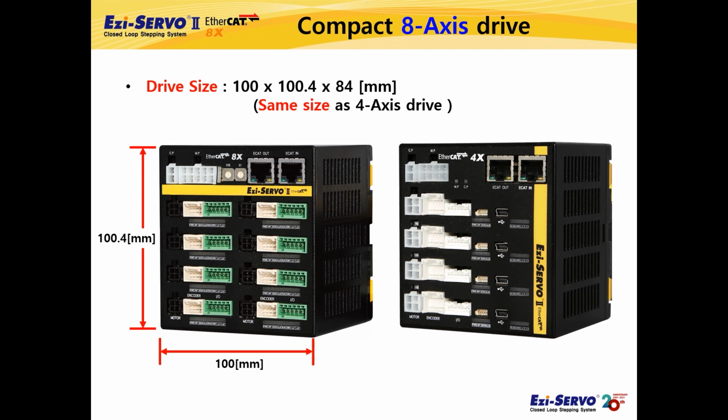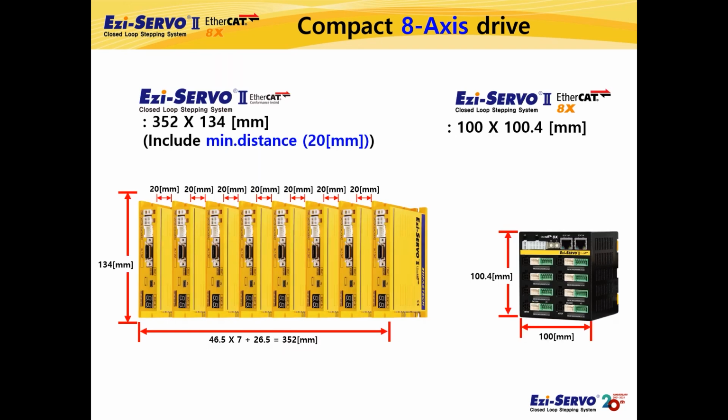Let me show you about the reduced installation space with the actual number. For example, if you compare Ezi-SERVO II EtherCAT 8X with Ezi-SERVO II EtherCAT, FASTECH standard product, you can see that the space for the drives is reduced to 1/5.